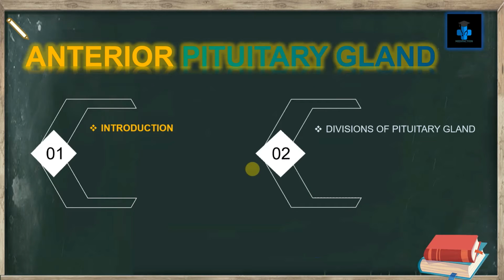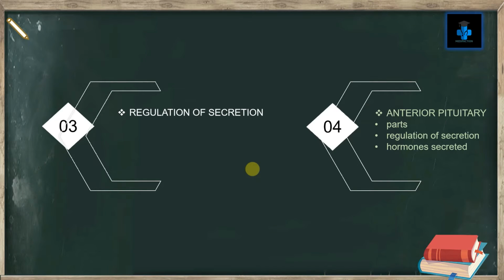So in this video, I'm going to give an introduction about the anterior pituitary gland, followed by divisions of pituitary gland. Then we are going to learn about the regulation of secretion, and we're going to go into detail with anterior pituitary gland's parts, regulation of secretion of anterior pituitary, then hormones secreted by it.